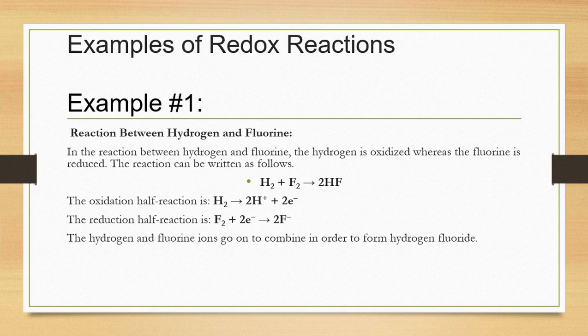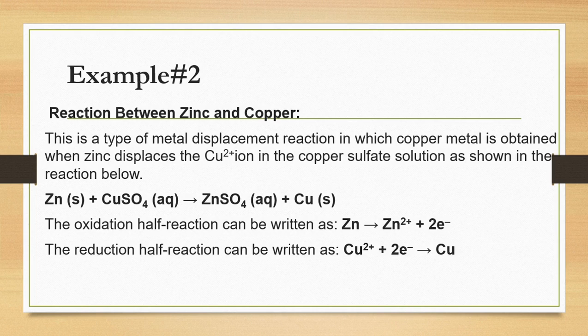The oxidation reaction is H2 gives 2H+ plus 2e-. The reduction reaction is F2 plus 2e- gives 2F-. The hydrogen and fluorine ions go on to combine in order to form hydrogen fluoride.